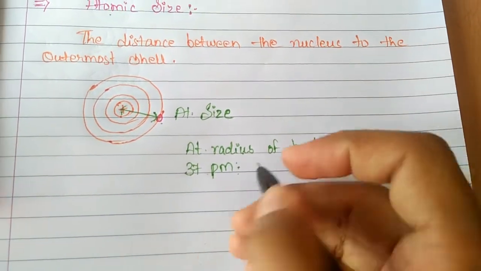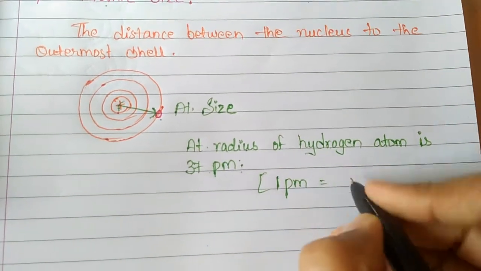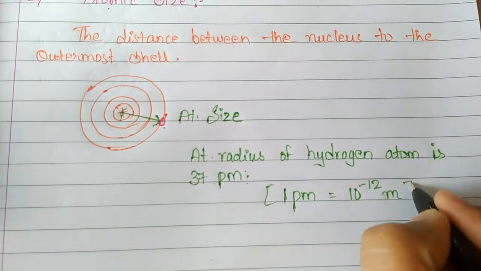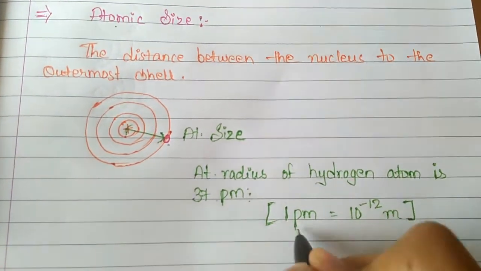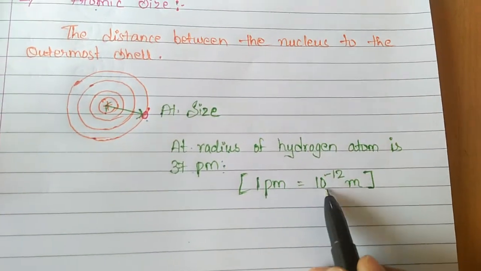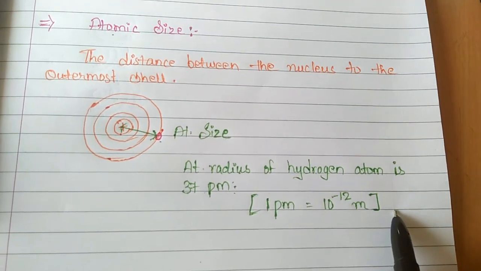What is this picometer? 1 picometer is equal to 10 to the power minus 12 meter. So it is extremely small, right? 1 picometer equals 10 to the power minus 12 meter.